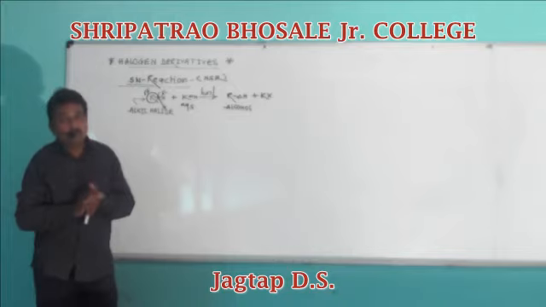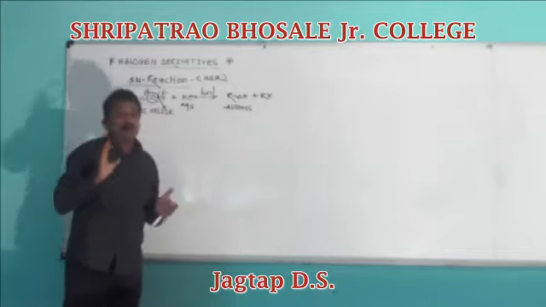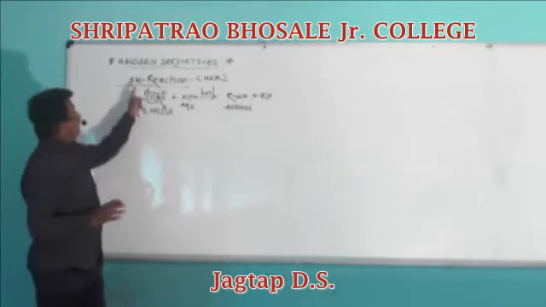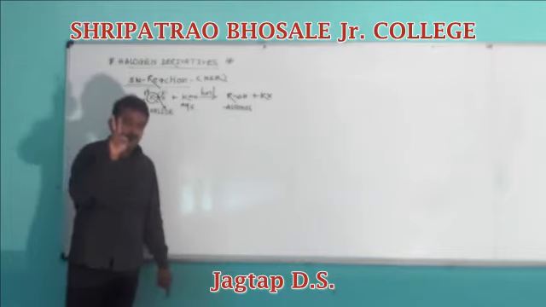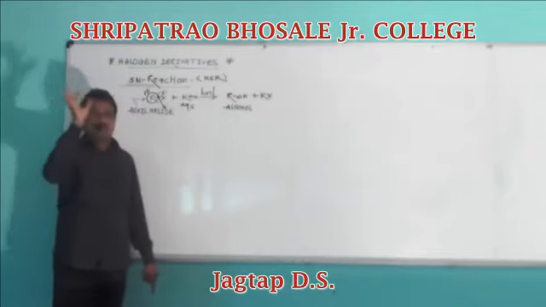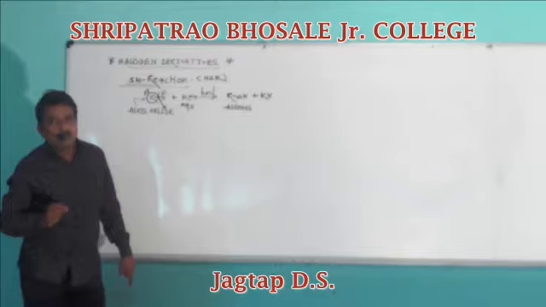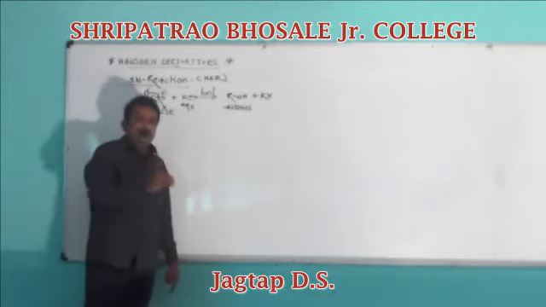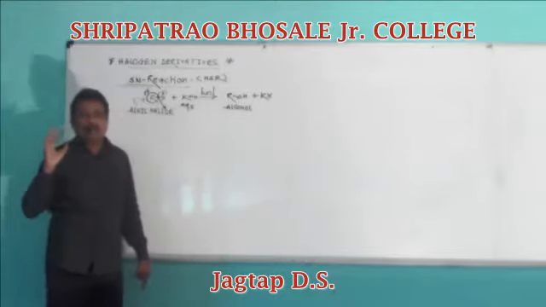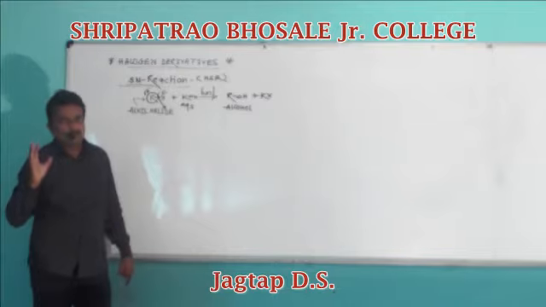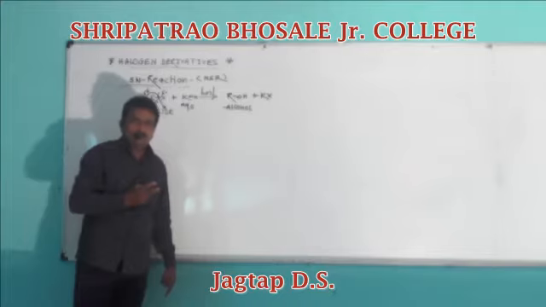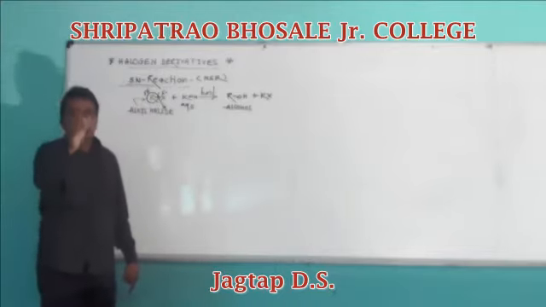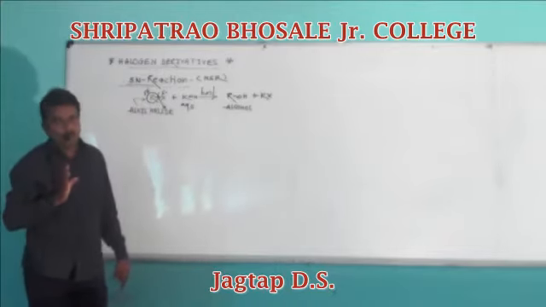Listen carefully. Depending upon the molecularity of the reaction, the SN reactions are classified into two types, namely SN1, that is nucleophilic substitution unimolecular reaction, and the second type SN2, nucleophilic substitution bimolecular reaction.